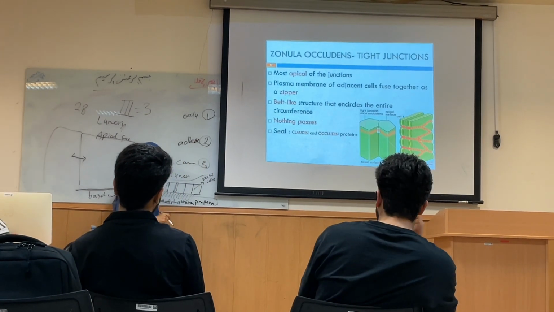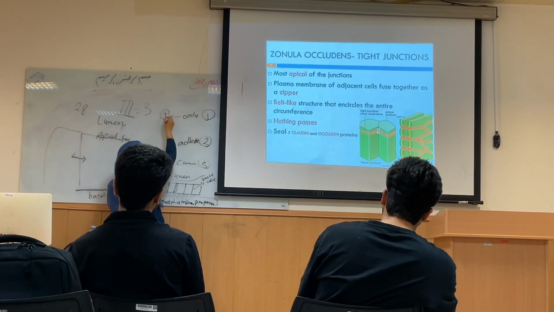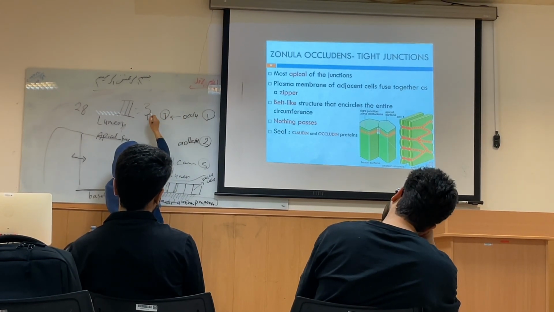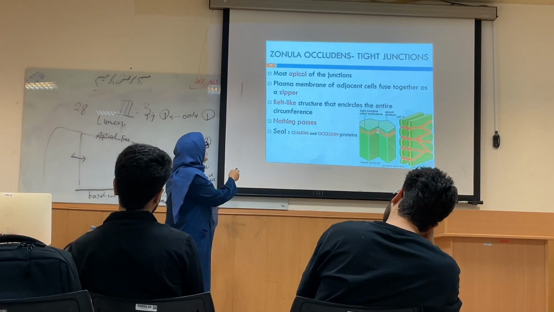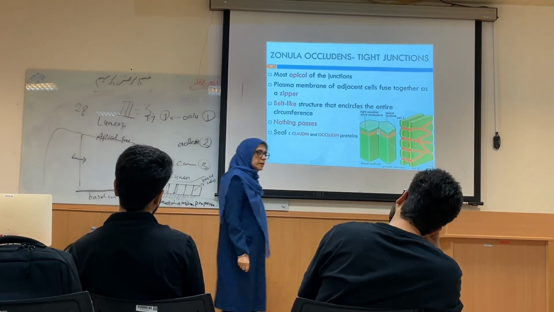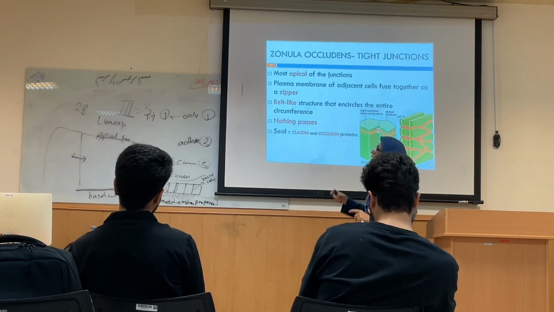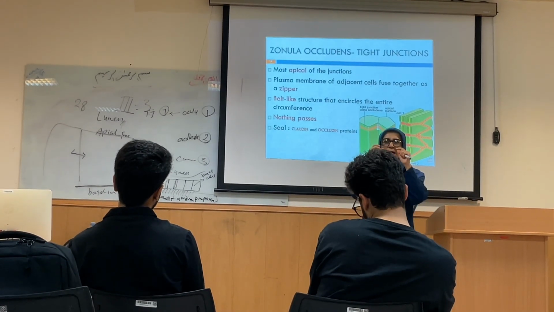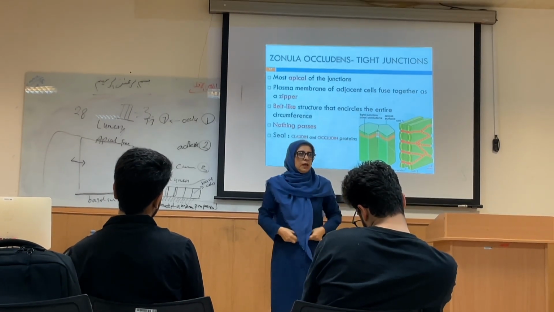The sealing junction again has just one type, the tight junction or zonula occludens. Occludens means seal. Zonula means belt. Yes, they are like a belt, like the one we put on our pants.